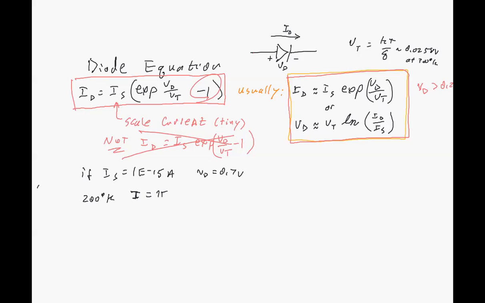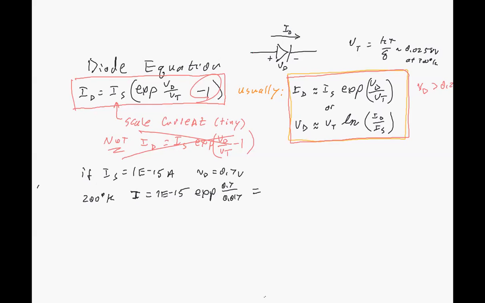So we'd have 1e to the minus 15. 0.7 volts means that we can use this equation times e to the 0.7 over VT, and if we find KT over Q at 200 degrees K, it's 0.017.